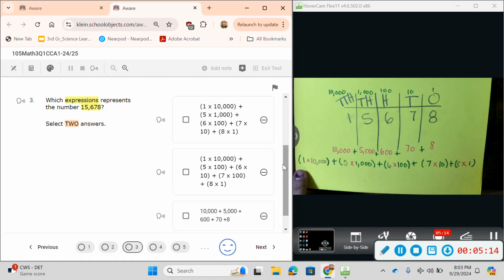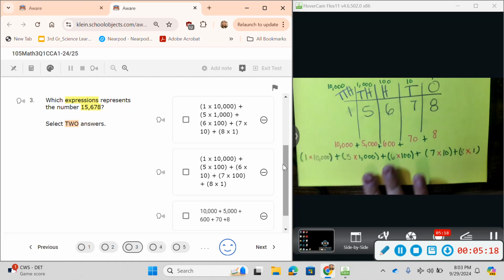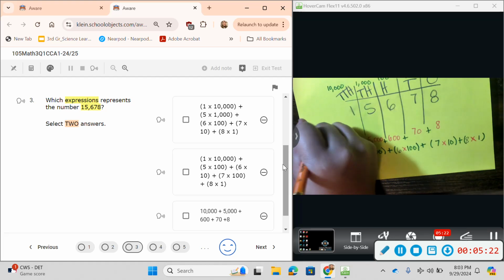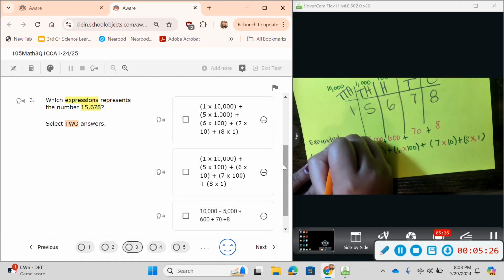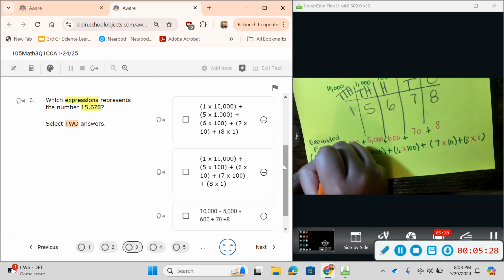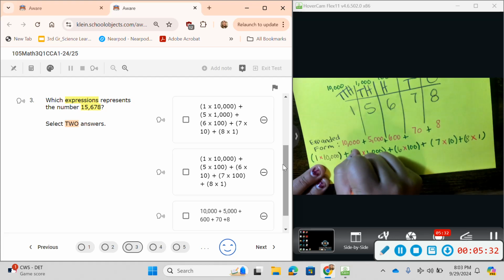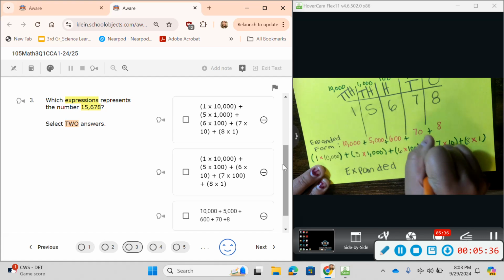is expanded notation. So if you have a hard time figuring out which one is which, you can actually write expanded form and then expanded notation.